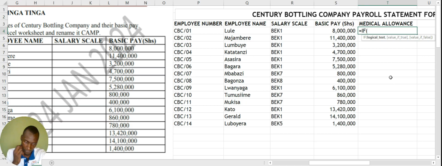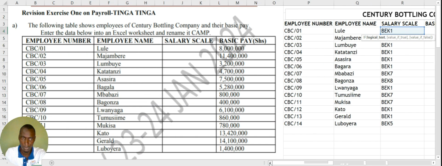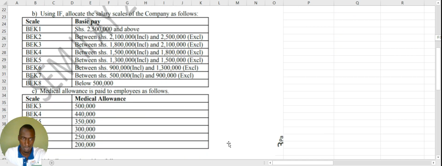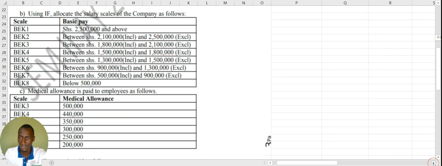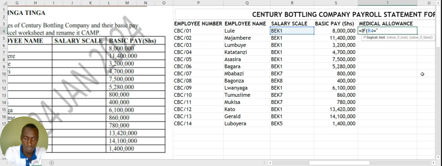So this will be: if our salary scale equals BEK3, then I would expect to see 500,000 as the medical allowance.